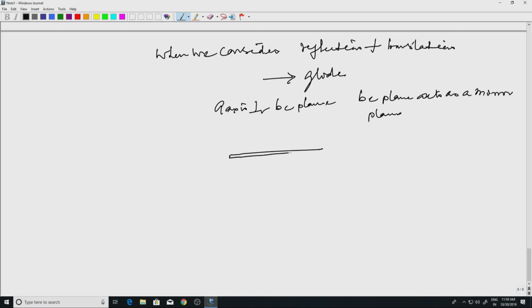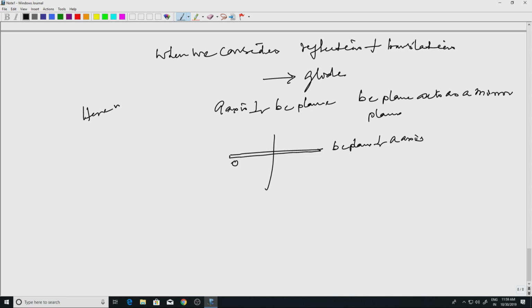Now let us take this is BC plane, perpendicular to A axis. Now this is the original.